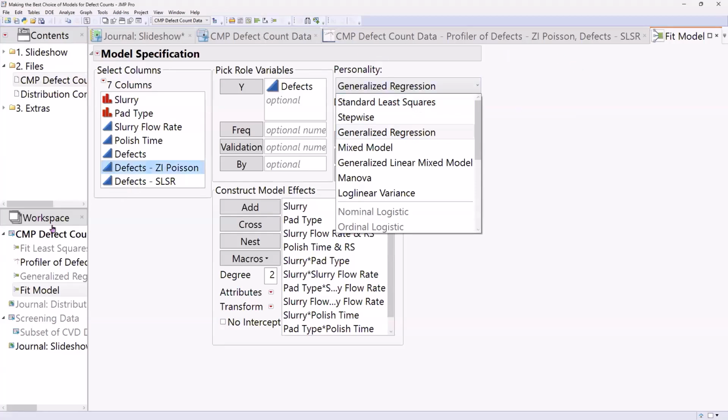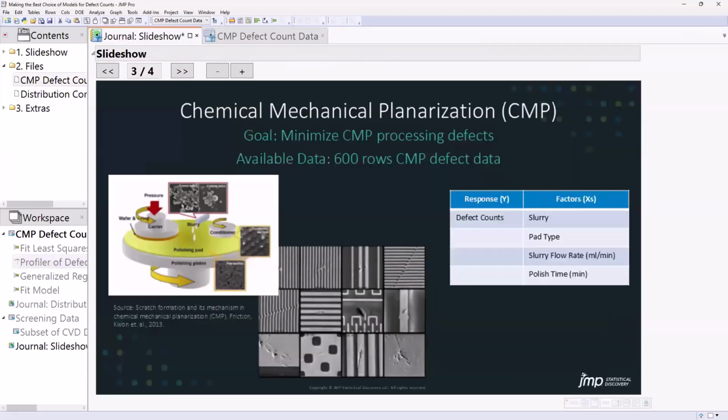All right, so let's dive into the case study. Today, I'm going to ask everybody to pretend that we're all process engineers tasked with reducing scratch defects from a CMP process. So it's basically polishing a wafer to either flatten or remove material from the semiconductor manufacturing process.